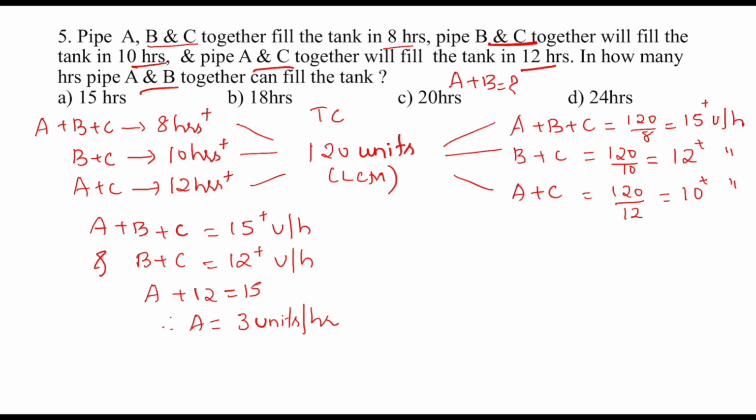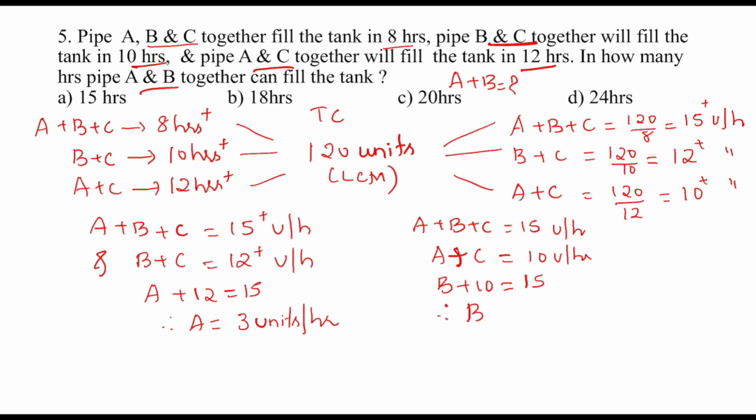Now, we know that A, B and C together will fill 15 units in 1 hour, but A and C will fill 10 units in 1 hour. So, how much will B fill? B plus 10 is equal to 15.